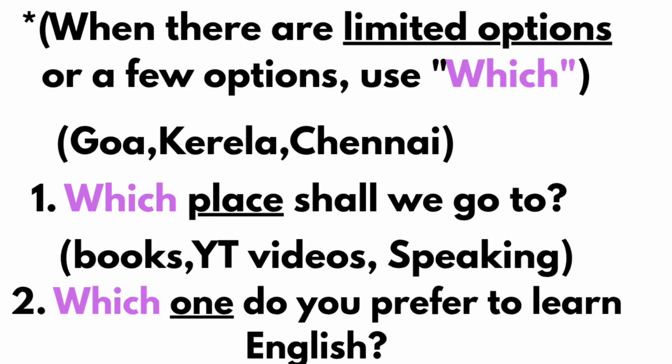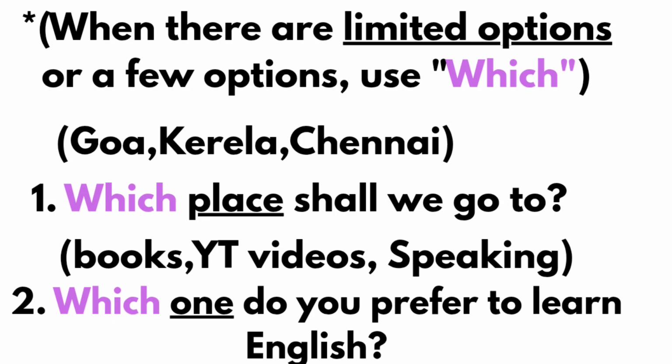Look at a second scenario: books, YouTube videos, speaking. Imagine if you read books or watch YouTube videos, or speak English with friends, you will be able to practice speaking English. Here, three options: books, YouTube videos, speaking. Which one do you prefer to learn English? Here, the information is about books or YouTube videos or speaking.